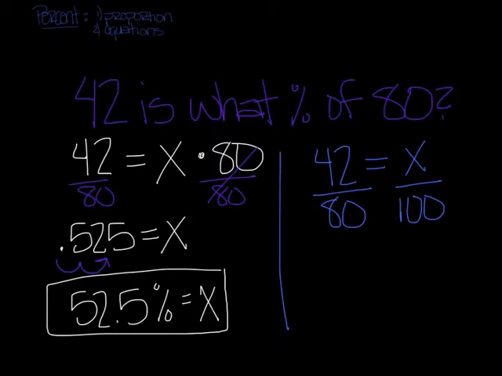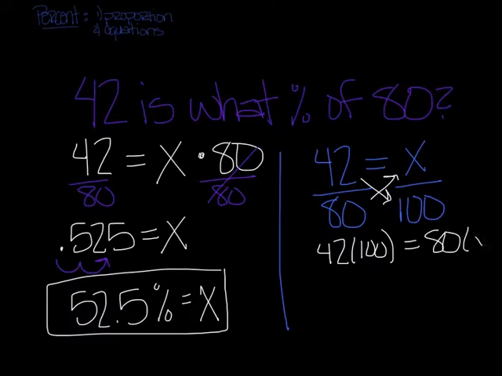So if we use our cross product strategy, we have 42 times 100 equals 80 times x. So we can divide both sides by 80.